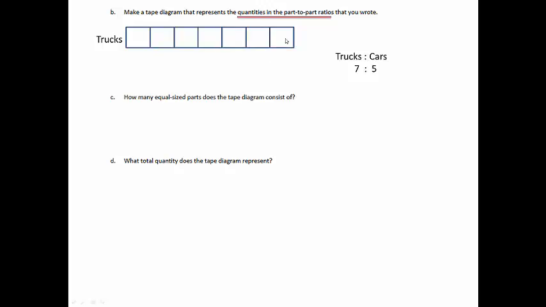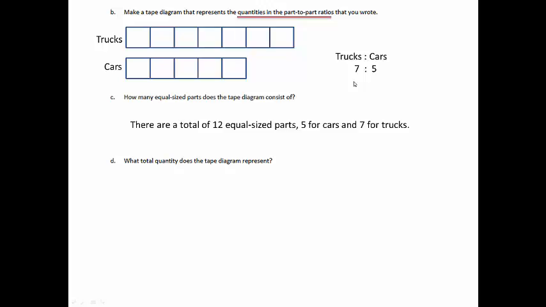The number of boxes we draw is always equal to the number in our ratio. And then for cars, we're going to make 5 boxes. Since it was 7 to 5 trucks to cars, we should have 7 boxes and 5 boxes. You also want to make sure you always label your tape diagram so you know what the boxes represent.